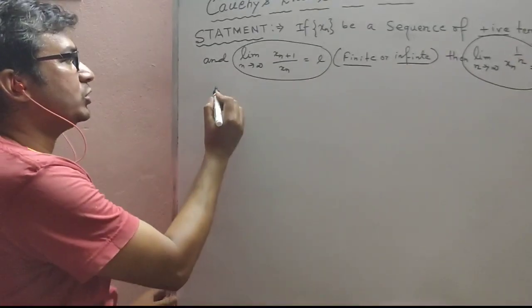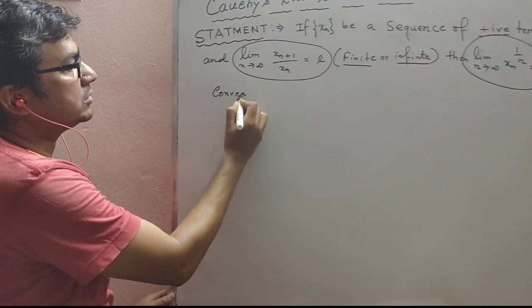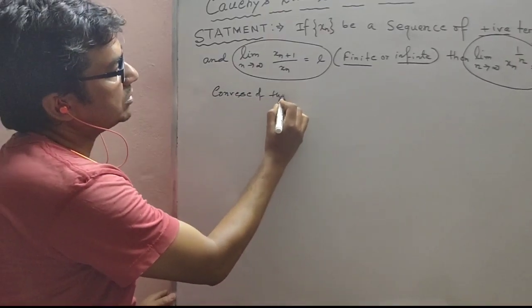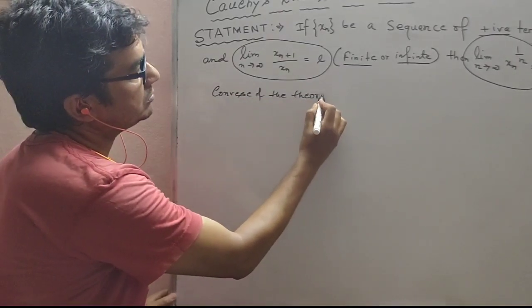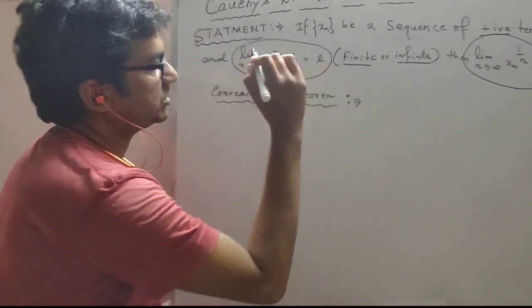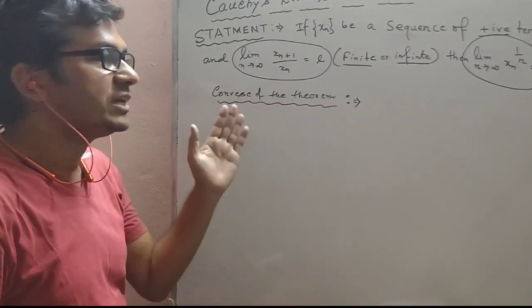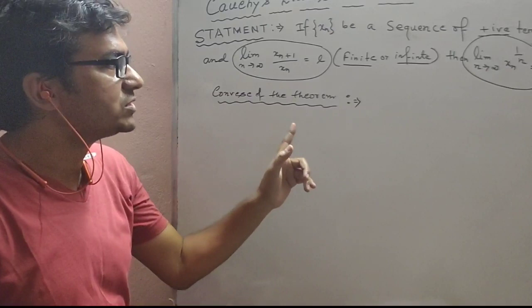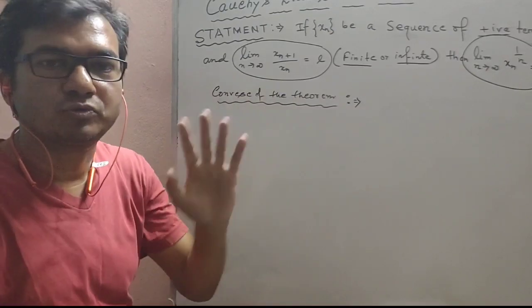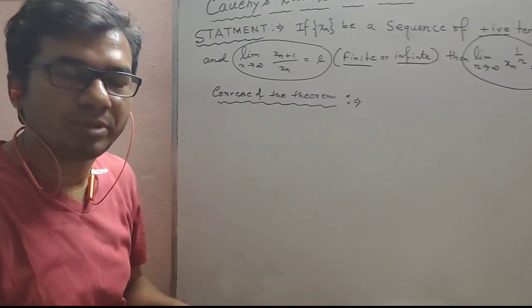So we go to the converse of the theorem. We say that the converse of this theorem may not be true, because we consider an example.